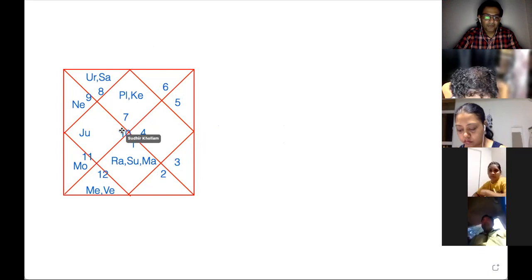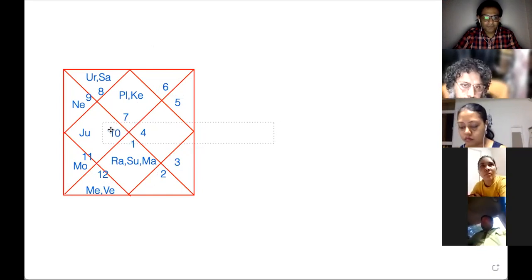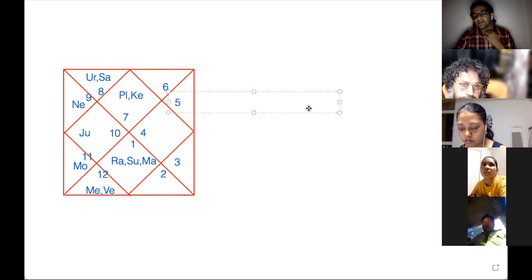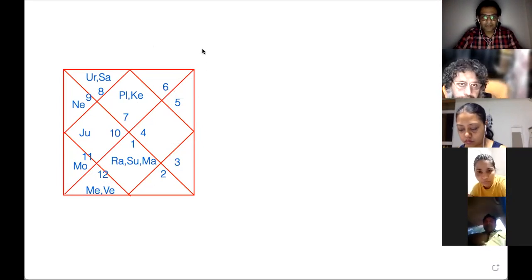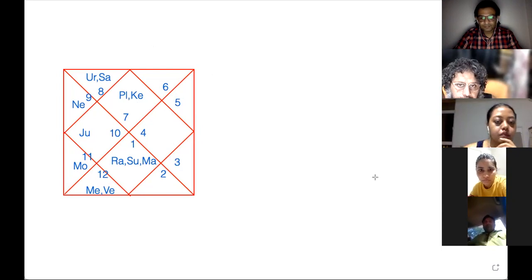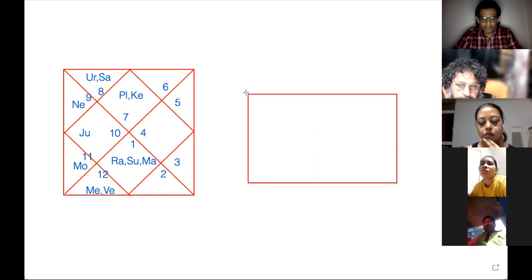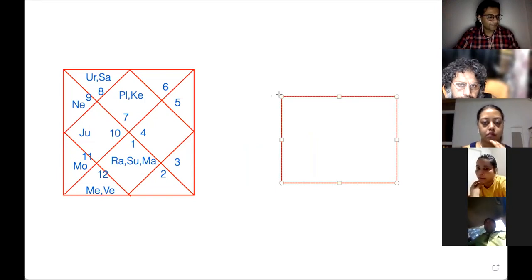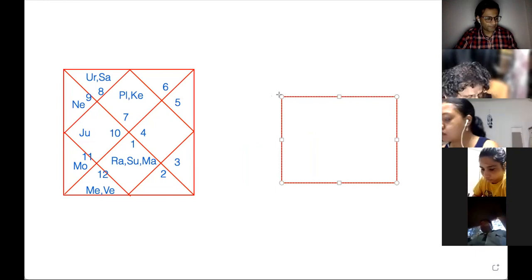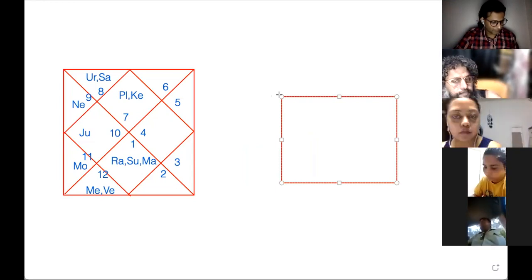Now we have to convert this into the South Indian type of chart. So what we will be doing, we will be drawing one rectangle, and we'll be drawing one more rectangle outside of it.